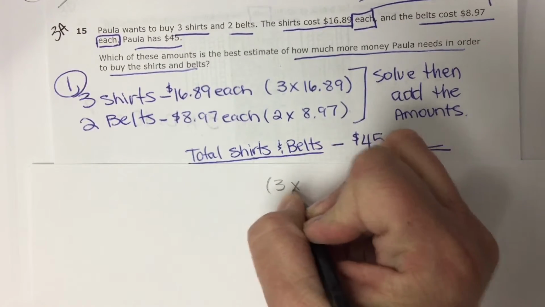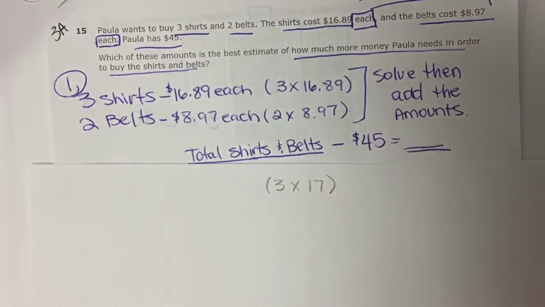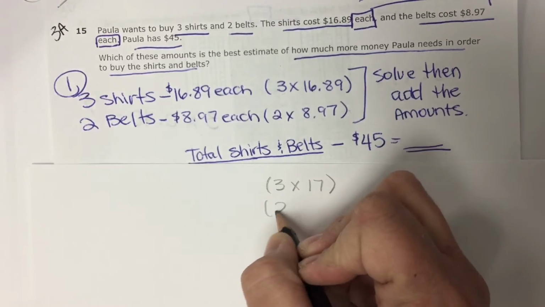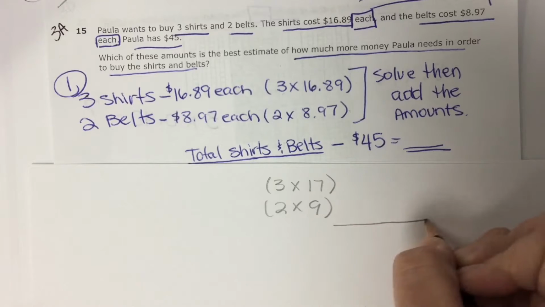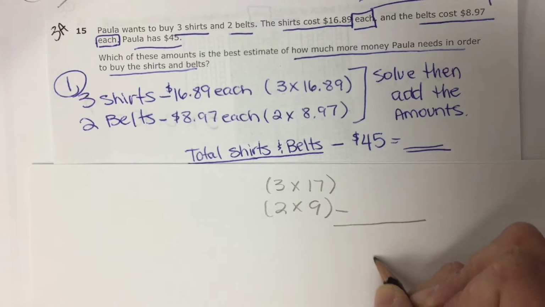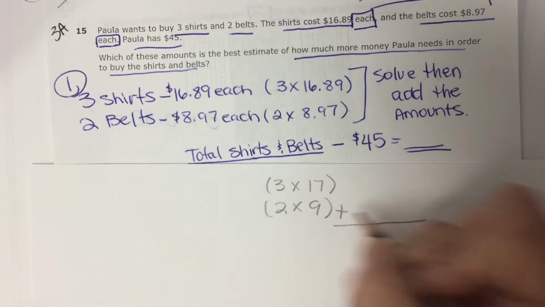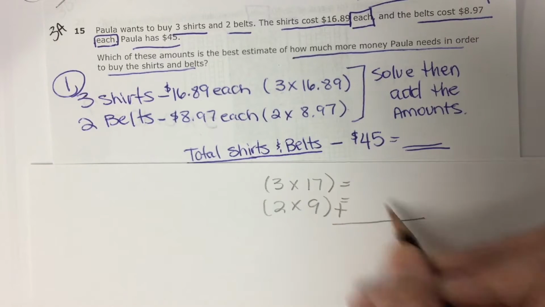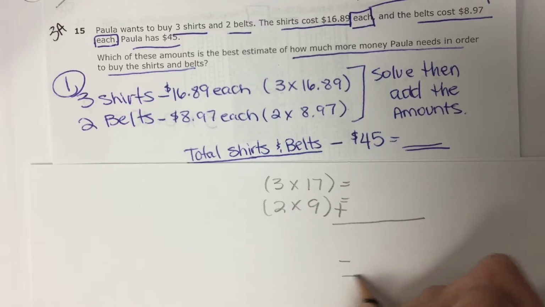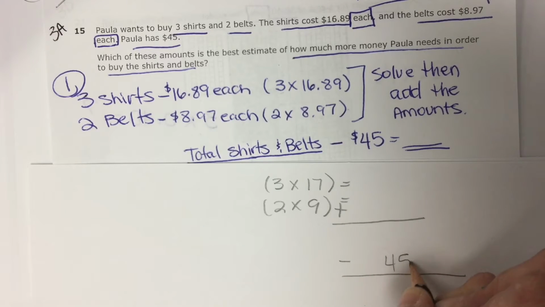You would say 3 times 17, and then 2 times 9. And then you would add them together, sorry, get the total of these two numbers, and then subtract that 45 from that amount. Okay?